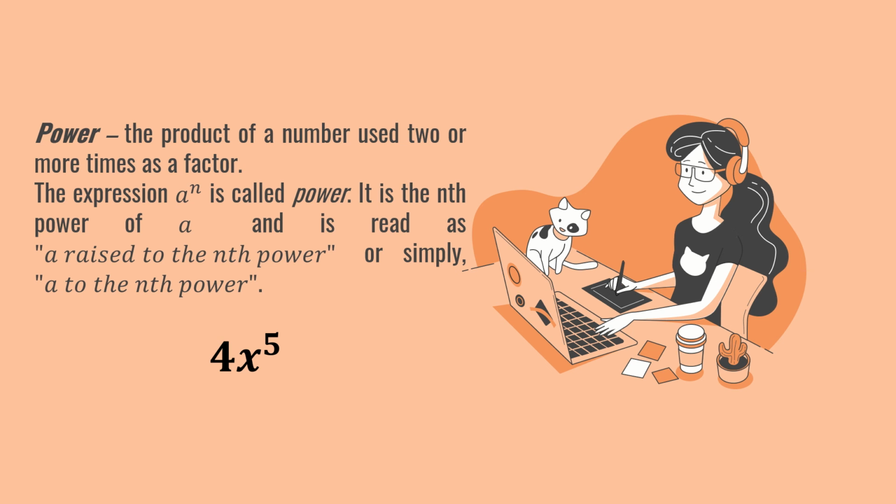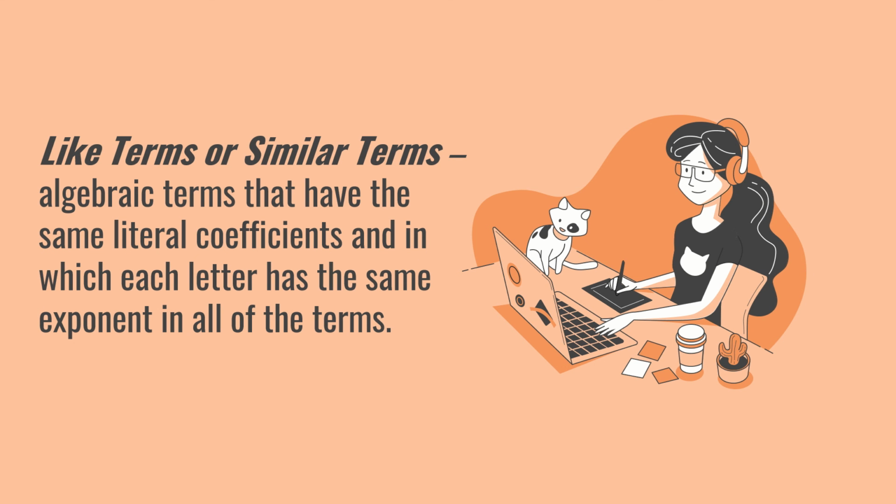So the power here is the same as your exponent. So the power of a is read as a raised to the nth power, or simply a to the nth power.